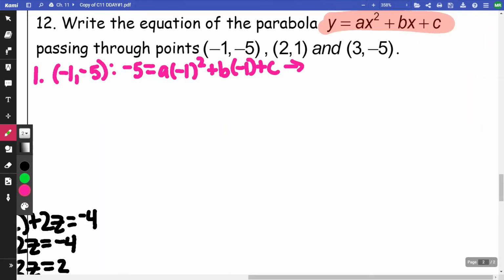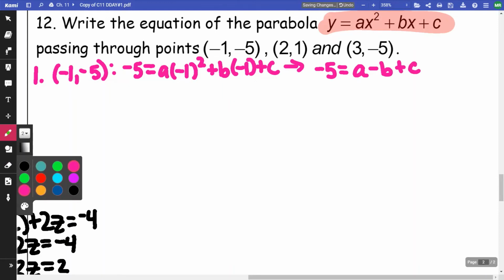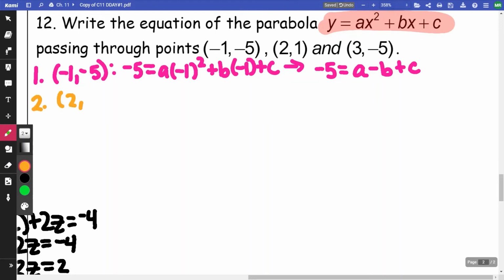And that is going to clean up to negative 5 is equal to, and remember, negative 1 squared is going to be a positive 1, so that's going to be a minus b plus c.